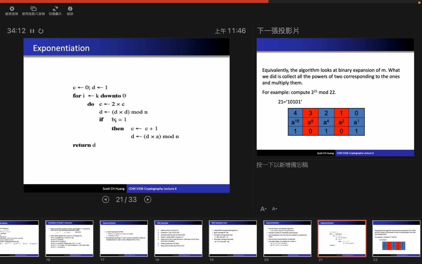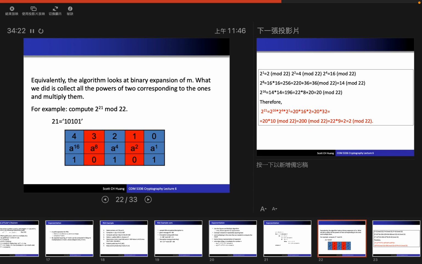Implementing this way, modular multiplication, modular exponentiation. So let's look at one example: 2 to the power of 21 mod 22. So this 21 is represented as 10101. This is B1, B2, B3, B4.